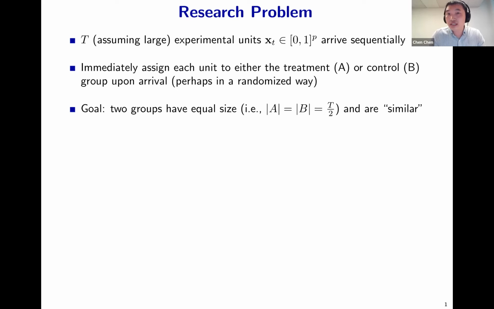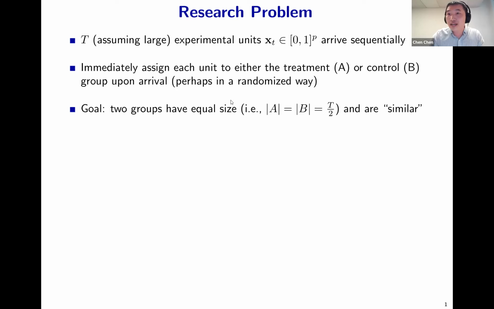In this problem, we have T experimental units that arrive sequentially. Upon each arrival, we need to immediately decide whether we assign this experimental unit to the treatment group or the control group. And finally, each unit is associated with p covariates, which can be correlated with the outcome of the unit.